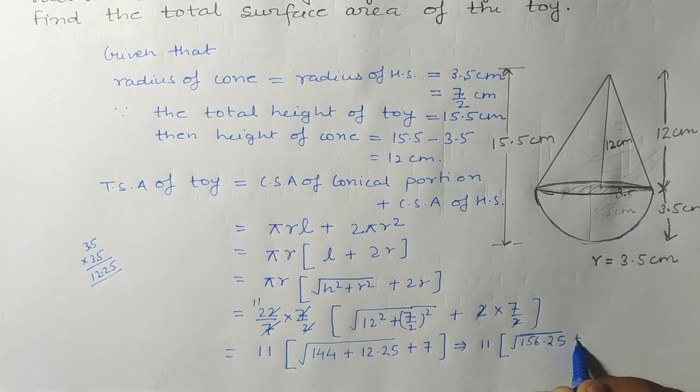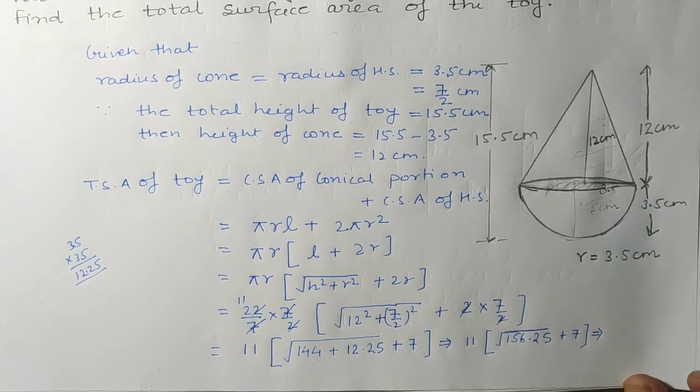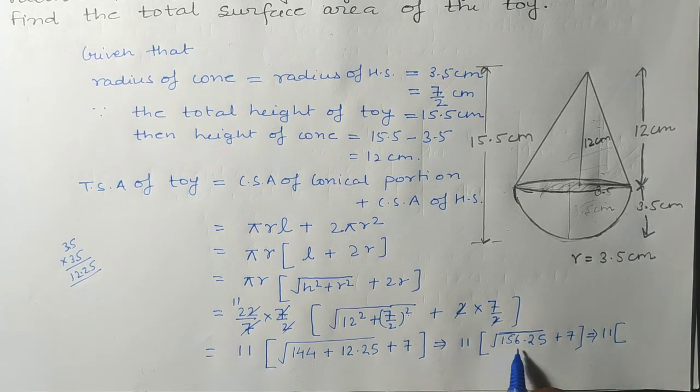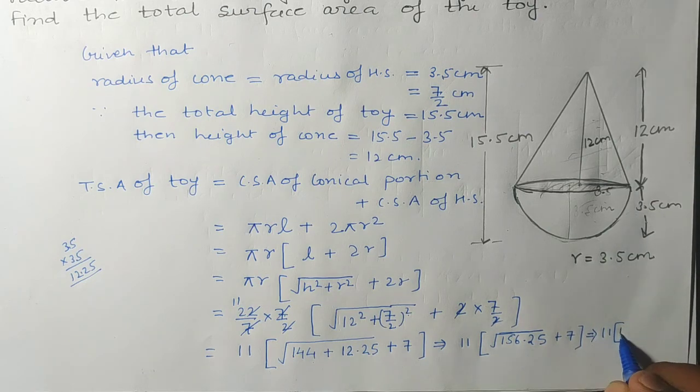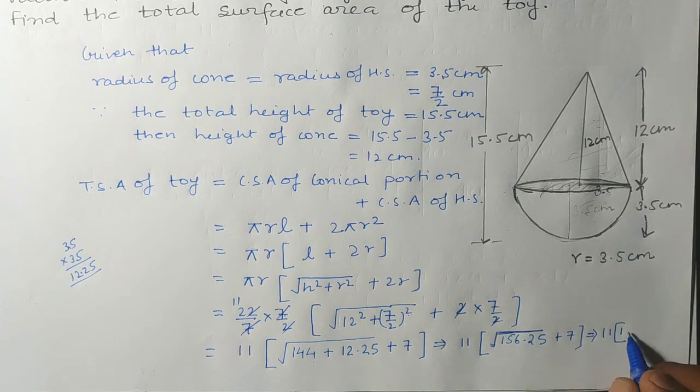156.25 plus 7. After that you can simplify it more. It will be 11 into, see, if this decimal was not there, then it is 15,625, and 15,625 is the square of 125. So with the decimal, the square root of 156.25 will be 12.5.